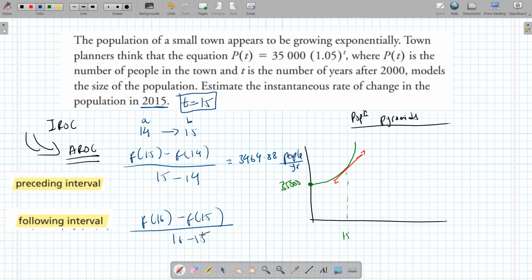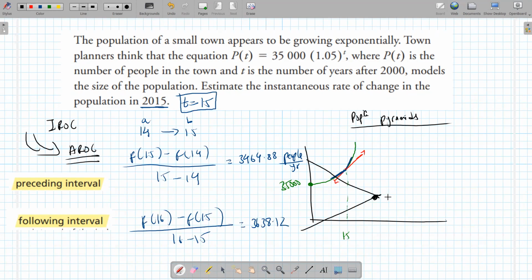Let me plug this in. 35,000 times 1.05 to the 16 minus 35,000 times 1.05 to the 15. This one gives me 3638. So it's a little bit higher, and that's kind of expected because the secant line over here compared to over here will be steeper. And then what you do is you take the average of these two, and that'll be your final answer.